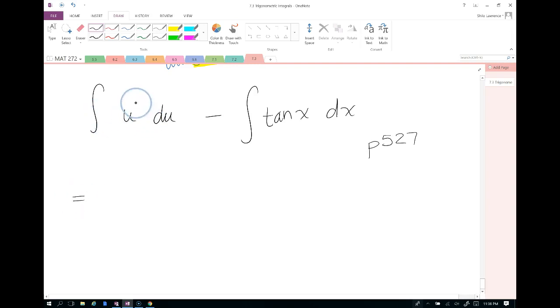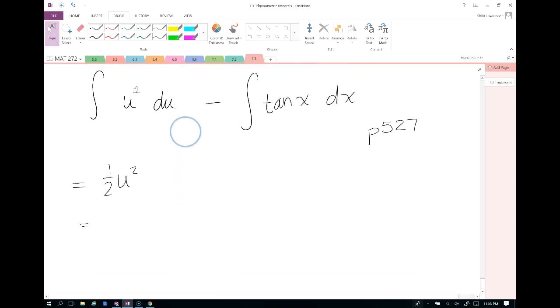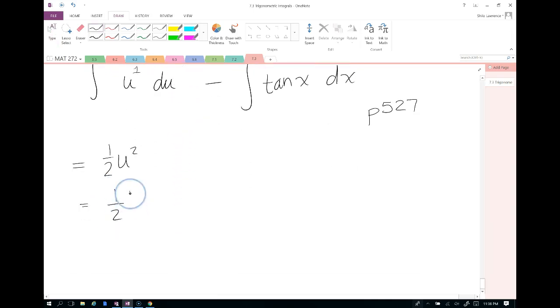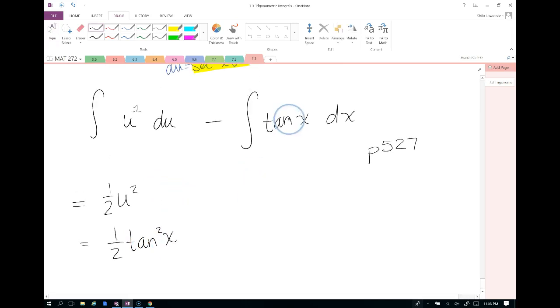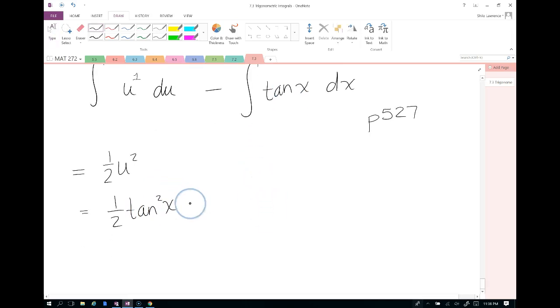So the first one is just a simple power rule. This is u to the first. So we get 1/2 u squared. And for that one, we did u equals tan. So this is 1/2 tan squared. The antiderivative for tan, if you look on page 527, is negative natural log of cosine.